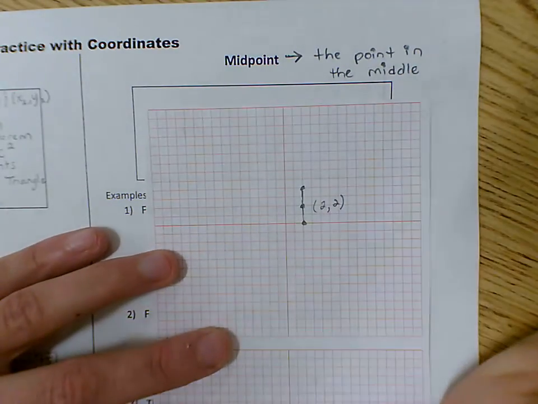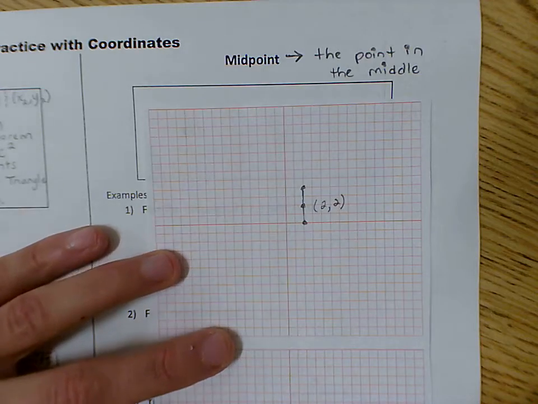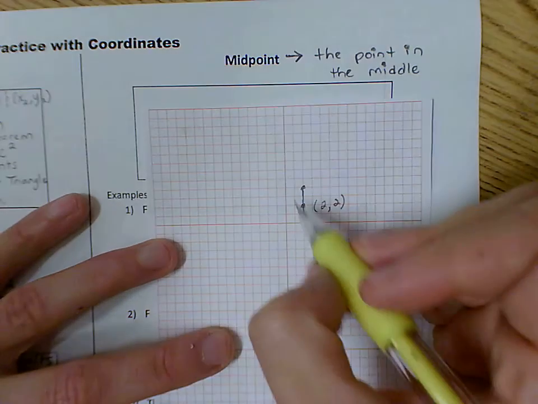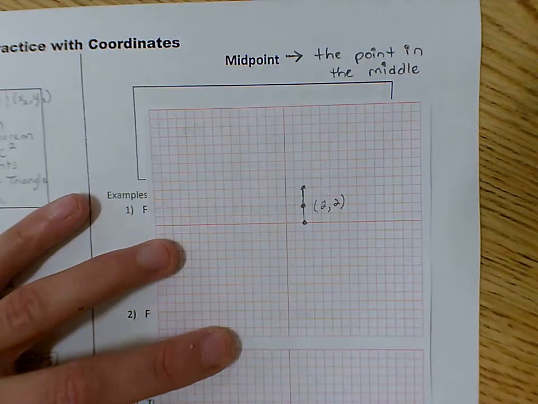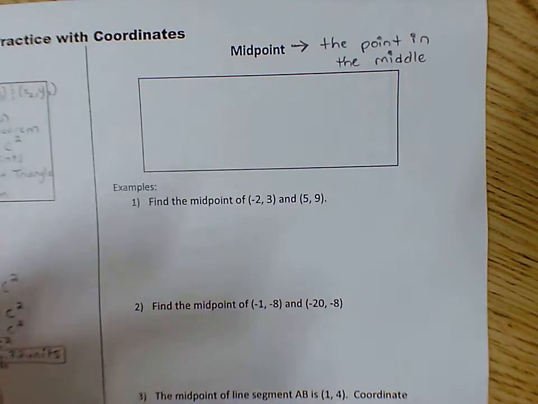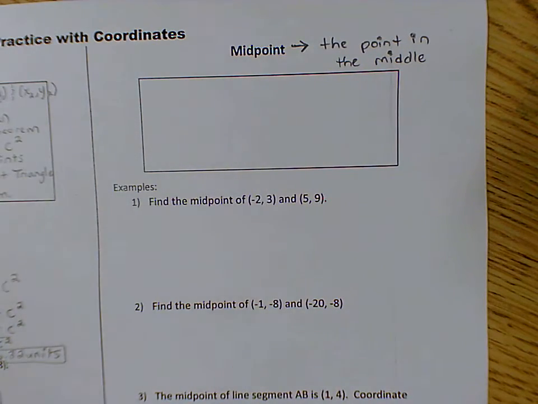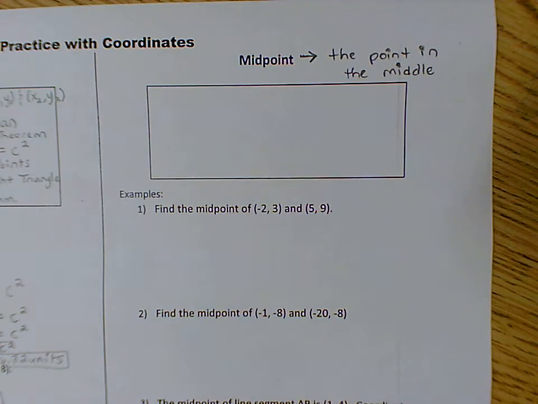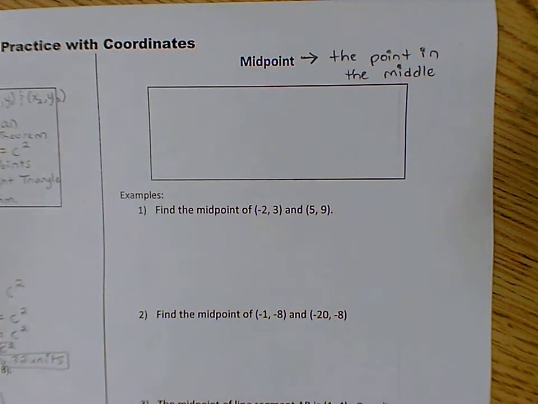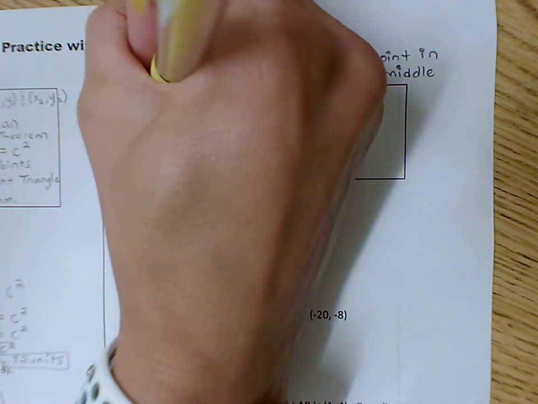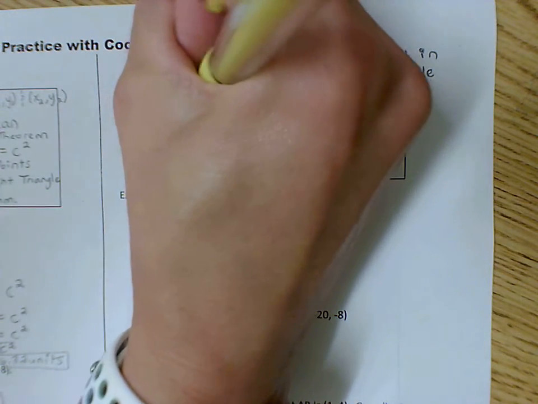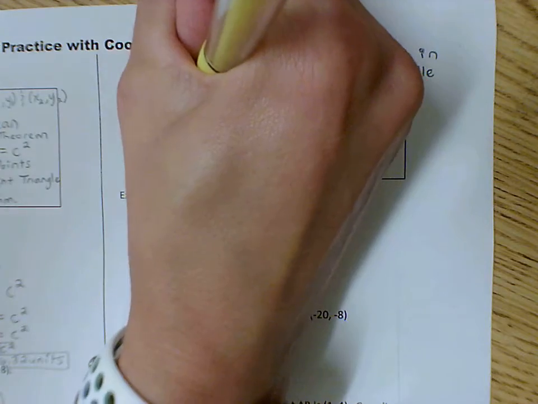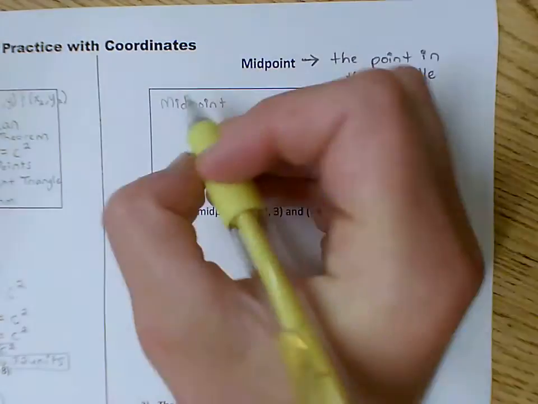Okay, so for problems like that, the midpoint is not so hard to find, because you can actually just look at it and figure it out. What we're going to be doing is, what if they give you coordinates and it's a little harder to find the midpoint? Well, there's 2 ways you can think of it. There is a formula, so you can use the formula. So the formula to find the midpoint, it is a point.